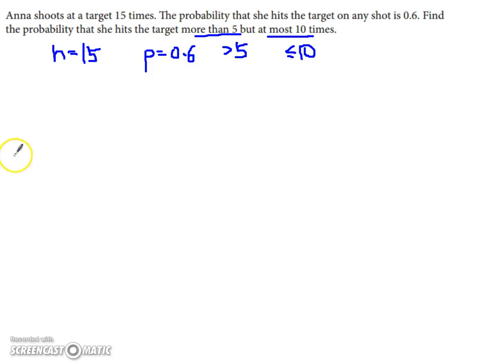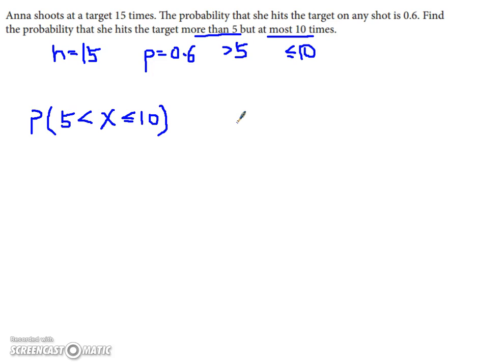So my probability of the random variable X, the number of times that I hit the target, has to be greater than 5 and less than or equal to 10. I want you to pause the video and try to understand what I have set up here.